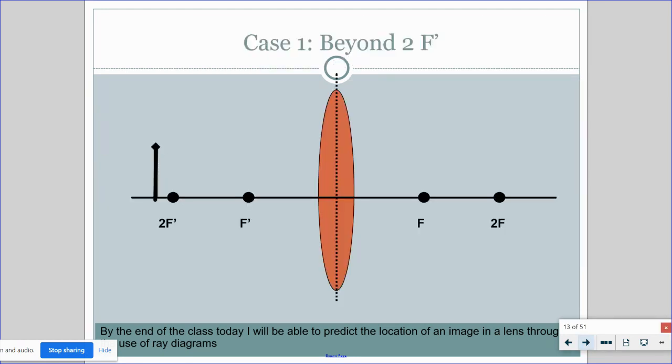All right, so let's look at this. So here we have our object, and it is beyond the 2F. So if this is 5 centimeters, the secondary 2F is 10 centimeters. This again would be 5 centimeters, and this would be 10 centimeters. So they're all always the same equidistance away, okay?